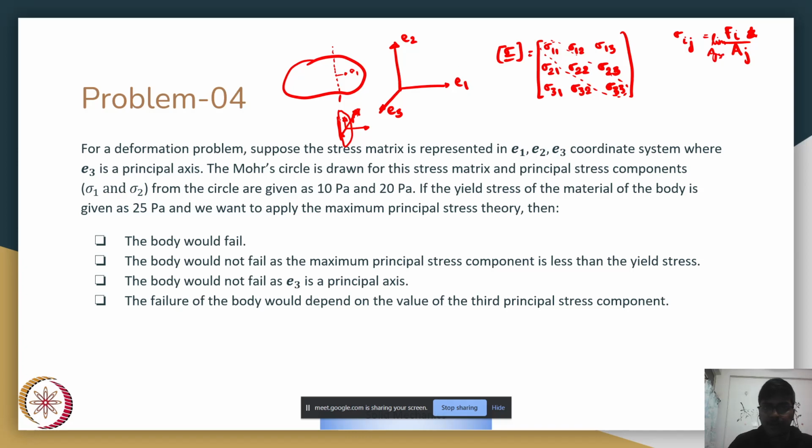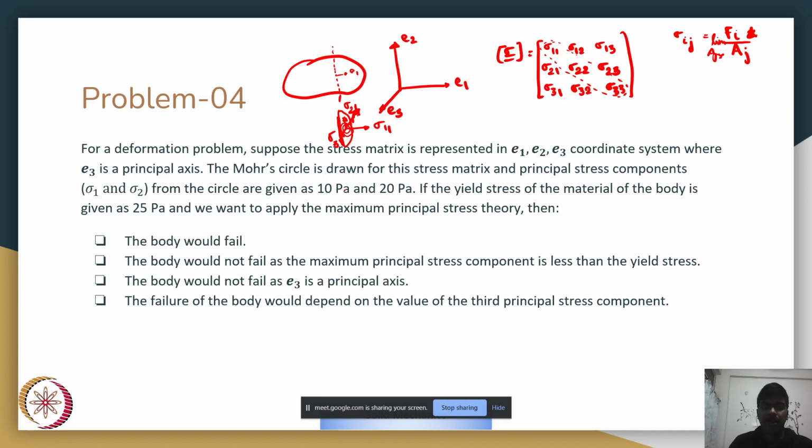As I shrink down this area to a smaller and smaller area around the point, what I'm left with is the ratio of the force with the area. That is essentially what we are writing in our matrix components. So this component would be sigma 1 1. This component's direction of force is along 2, but it's on the plane with normal along 1, and this component coming out of the plane would be sigma 3 1.